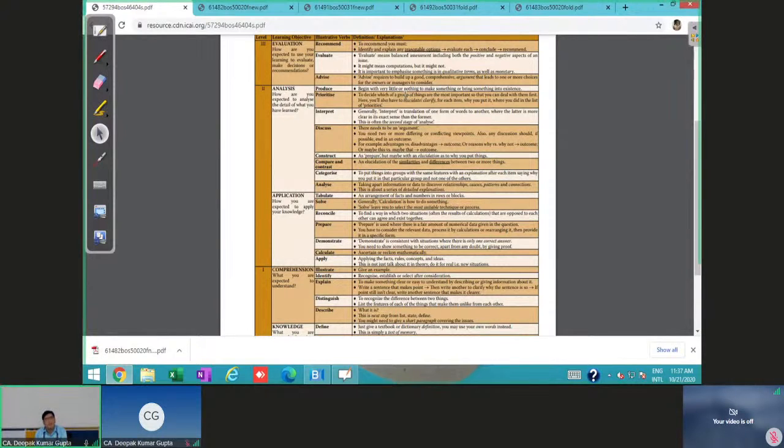After this, we move on to level 3. Here, verbs are recommend, evaluate, advise. These are high-level verbs. Here, the focus is on qualitative skills.